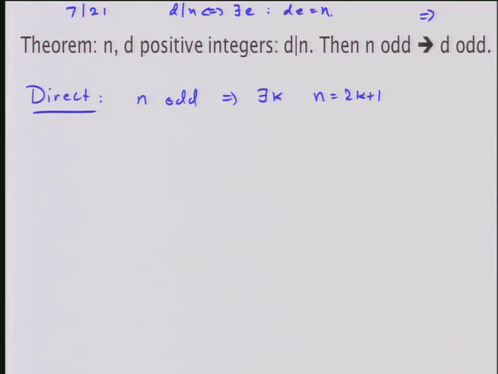Okay, and you'll notice I'm already being a bit sloppy here because I'm not saying there exists k which is a positive integer. So I'm trying to go fast, to sketch the main points.